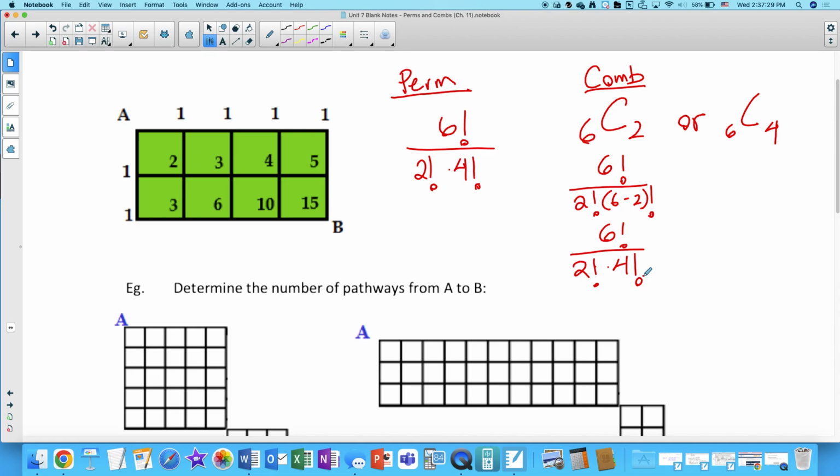And this one, where you're now choosing the rights instead of the downs, would be 6 factorial over 4 factorial times 6 minus 4 factorial. So no matter how you slice it, you end up with that 4 factorial times 2 factorial in the denominator. It ends up being the same value.